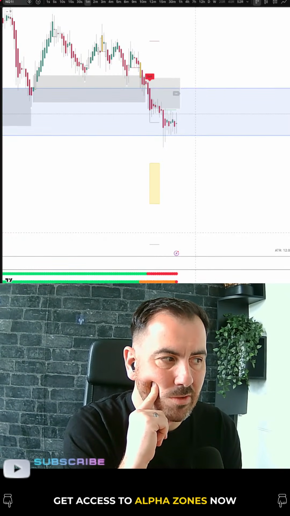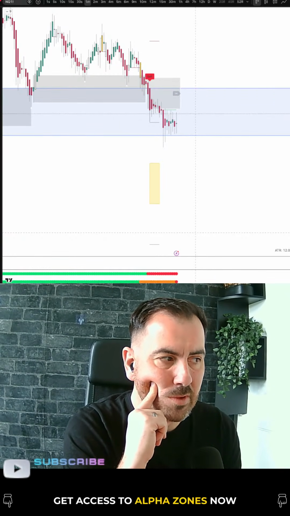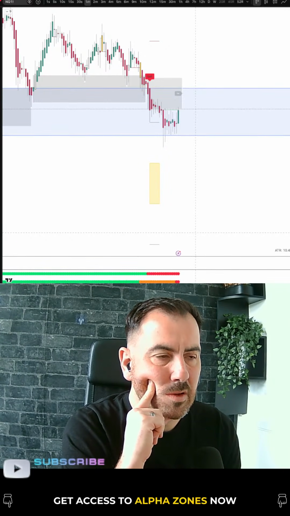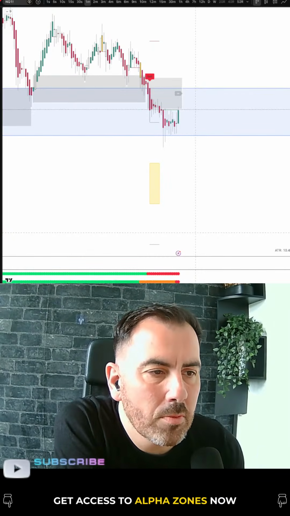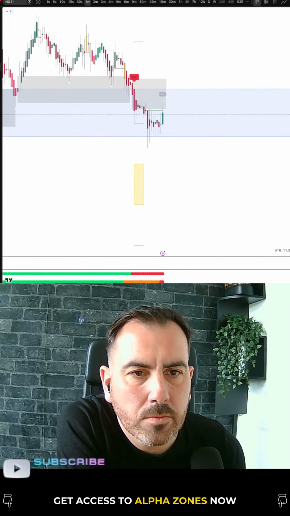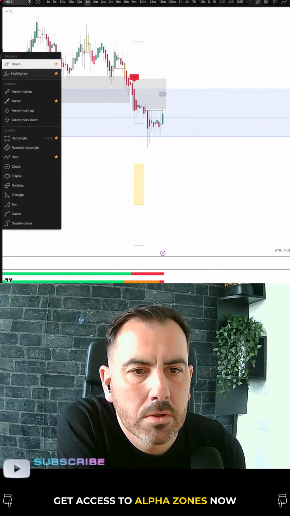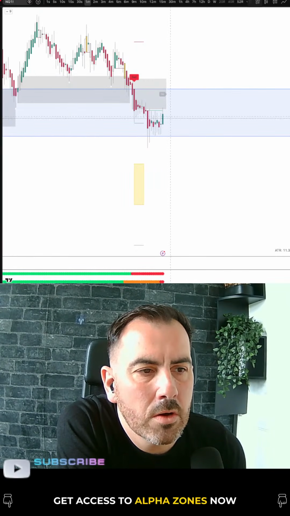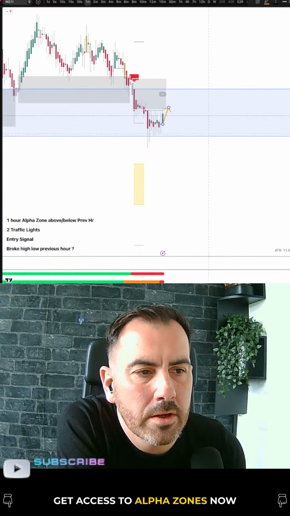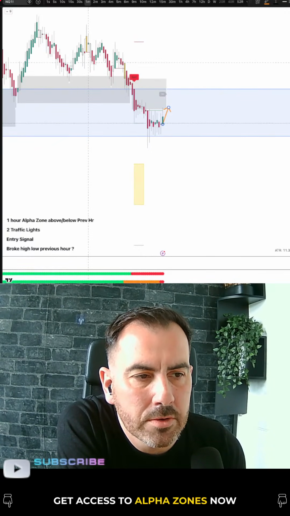Close at the top of the candle. See if we can get that break above into the 1 hour. And then a drop. That would be nice. Because what that would mean, if it closes here, so we close up here, then what you'll see is we'll get one of these, either a white or a gold break candle.